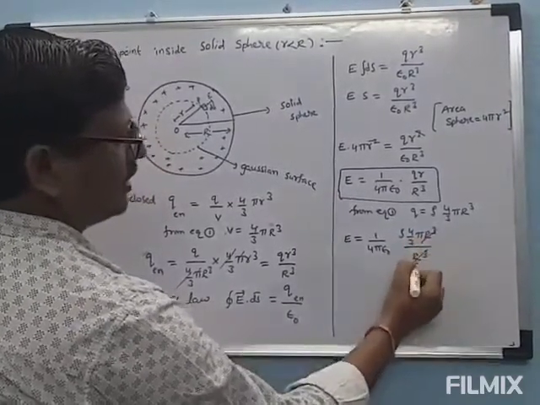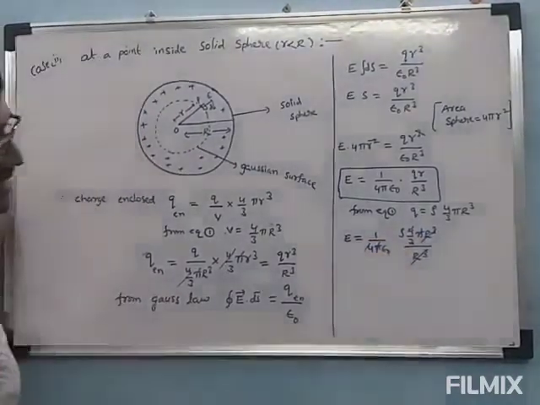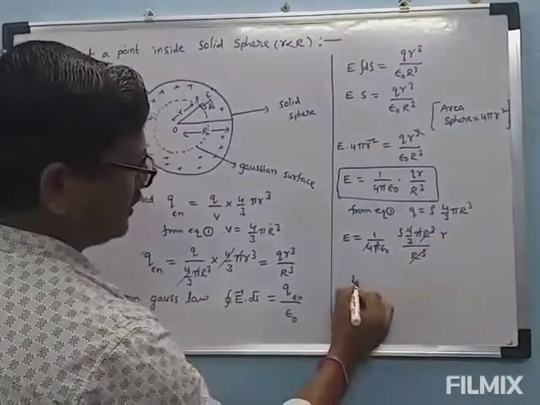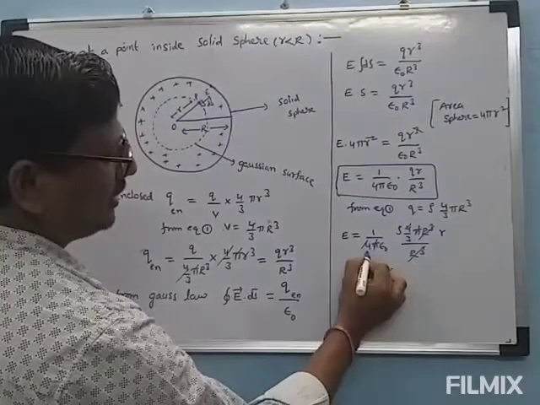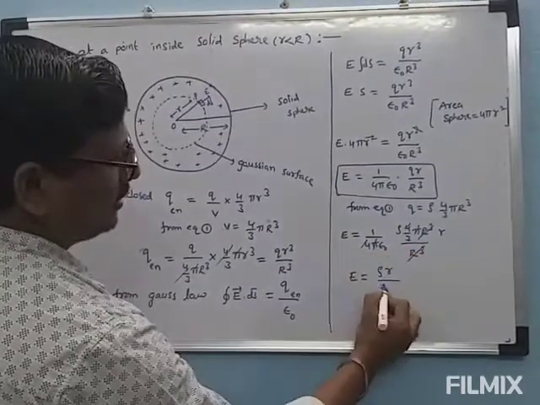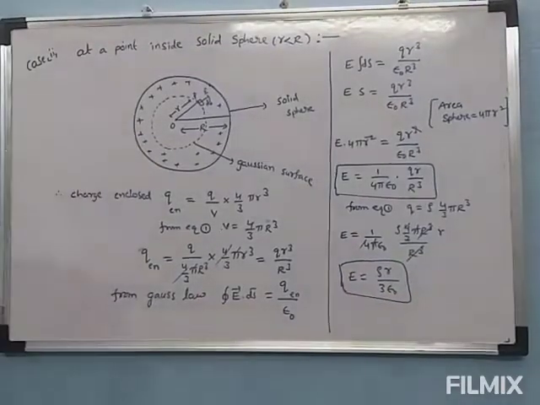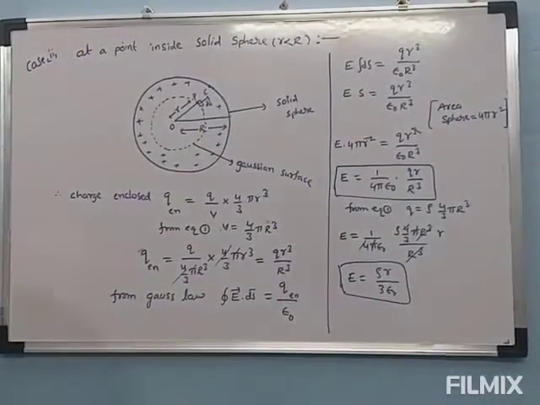Now R cube cancels, pi and 4 get cancelled. The remaining, what is there here? The small r also. E is equal to rho into r by 3 into epsilon naught. This is also another formula for the electric field inside the Gaussian surface.